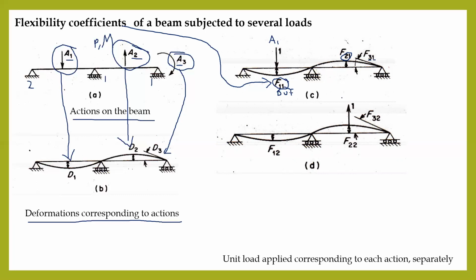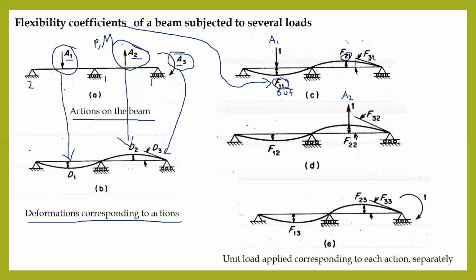One is A1. So here we apply the unit force in A2, like that F12, F22, F32. And then we are applying unit moment, that is because of A3. So now because of A3, we are applying unit moment 1, and we get F13, F23, F33. So this is how we get the flexibility matrix 3 by 3.